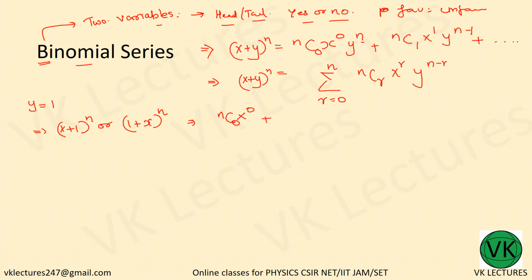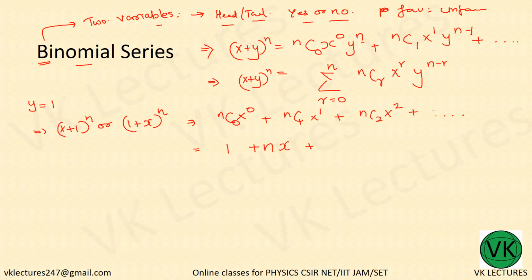Then plus nc1 x to the power 1 plus nc2 x to the power 2 plus, and it goes on. Now nc naught is 1, x to the power 0 is 1, so 1 plus nc1 is nothing but n into x to the power 1.